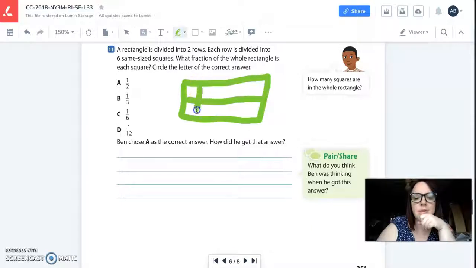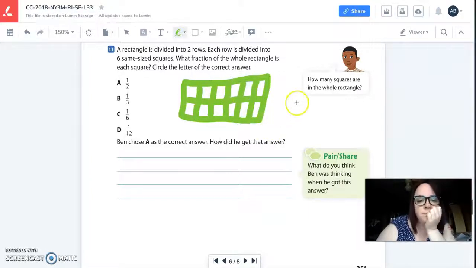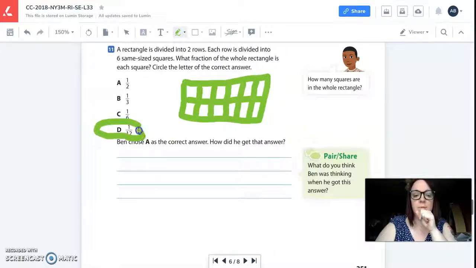So let's see. 1, 2, 3, 4, 5, 6. Good. Okay. What fraction of the whole rectangle is each square? Each square. Okay. Not each row, each square. So that's 1 out of how many altogether? 12. Good. So our answer will be D, 1/12.